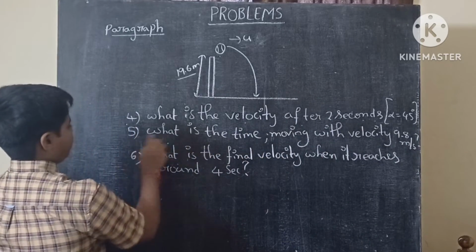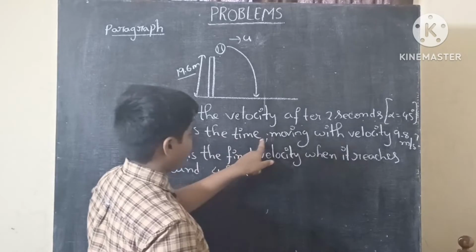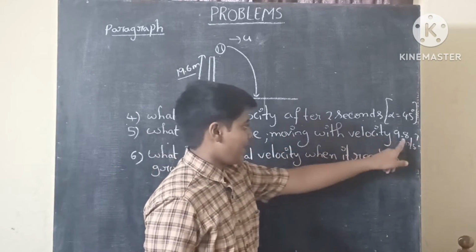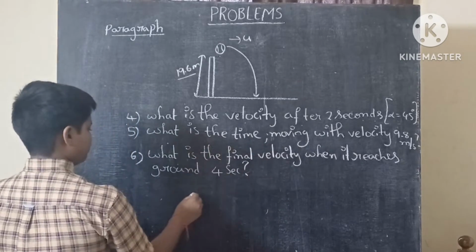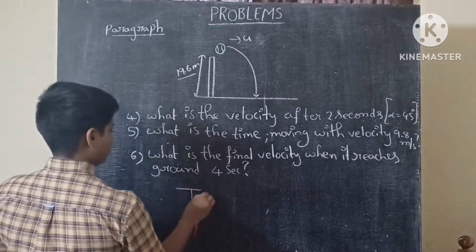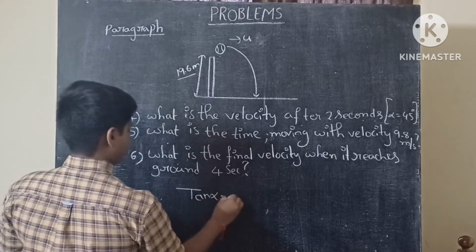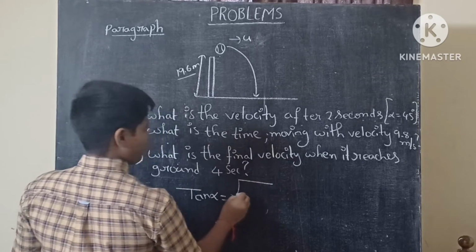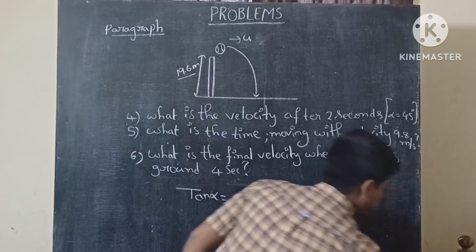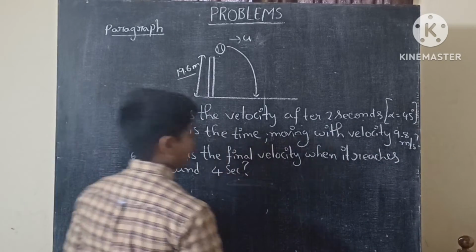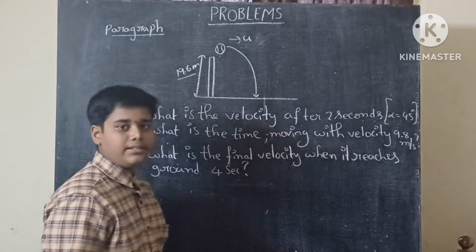And if we see the fifth question, what is the time of moving with velocity 9.8 meter per second? Here they ask what is the time, so we have to find the time.